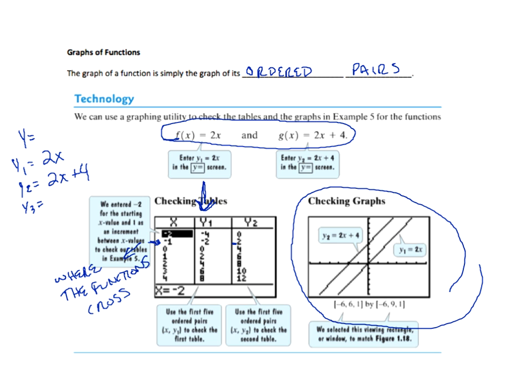So if you look right here in line 3 of this table, when I plug 0 in for x, I'm getting my y-intercept. So for f of x equals 2x, my first function, the y-intercept is the origin, 0, 0. For my next function, 2x plus 4, the y-intercept is 0, 4. So it's up on the y-axis from the origin.